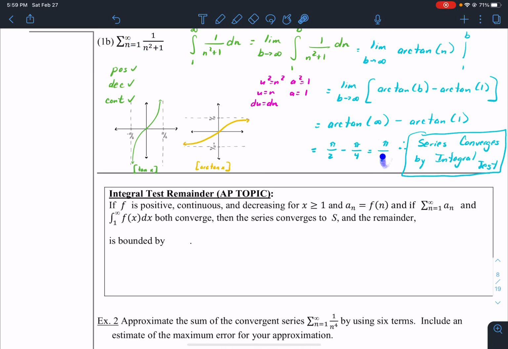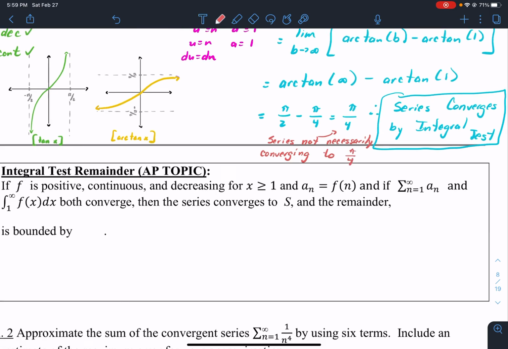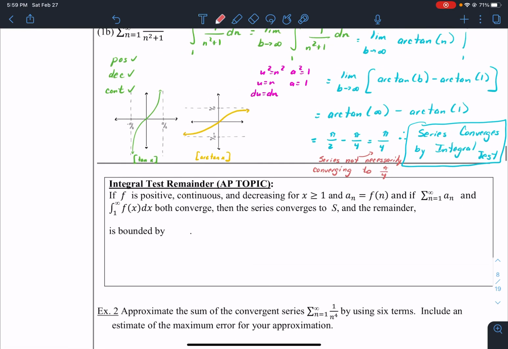It's going to be really close to that no matter what, but that's not necessarily that number. So let's go ahead and make a quick note of that. We're going to say series not necessarily, it may be, we'd have to test it, not necessarily converging to pi over 4. But I do know that the series converges based on the integral test.